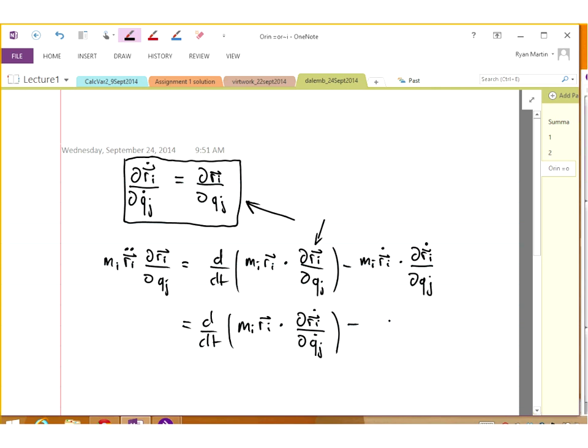We're going to dot up here. The second term is minus m_i r_i dot dotted with ∂r_i/∂q_j.